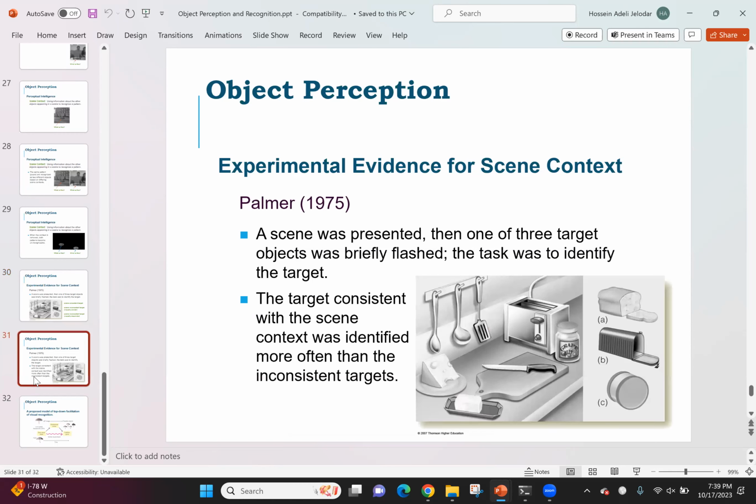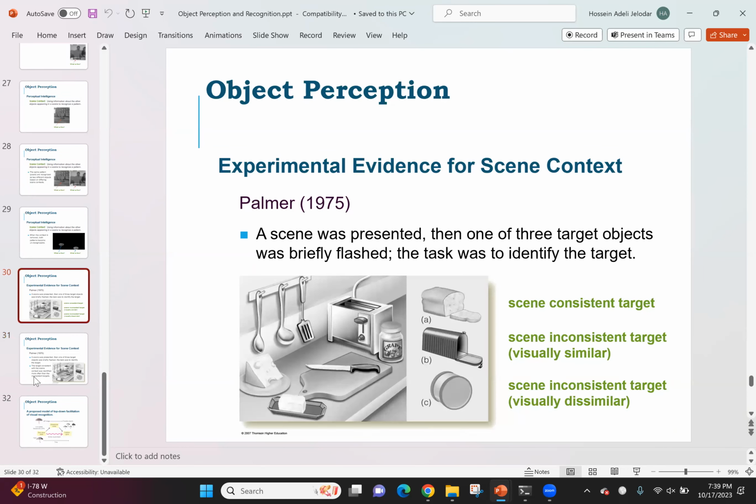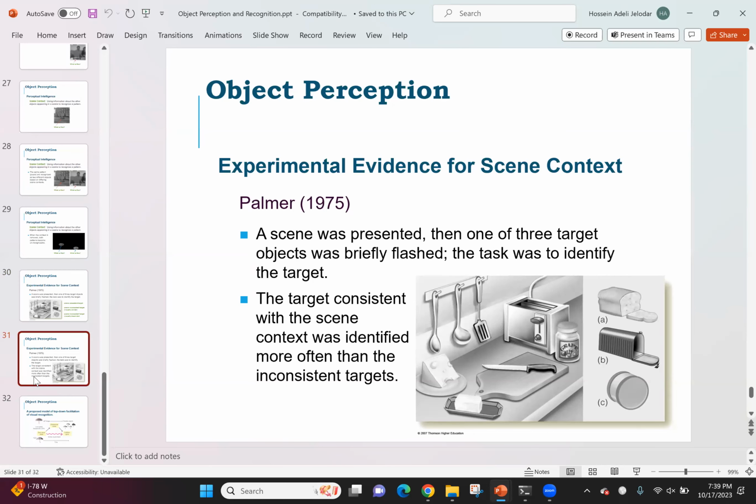Then you could have these targets flash very briefly after you show the scene. What people observe is that people are more likely to detect the scene consistent object versus the other two options. So what could that mean?